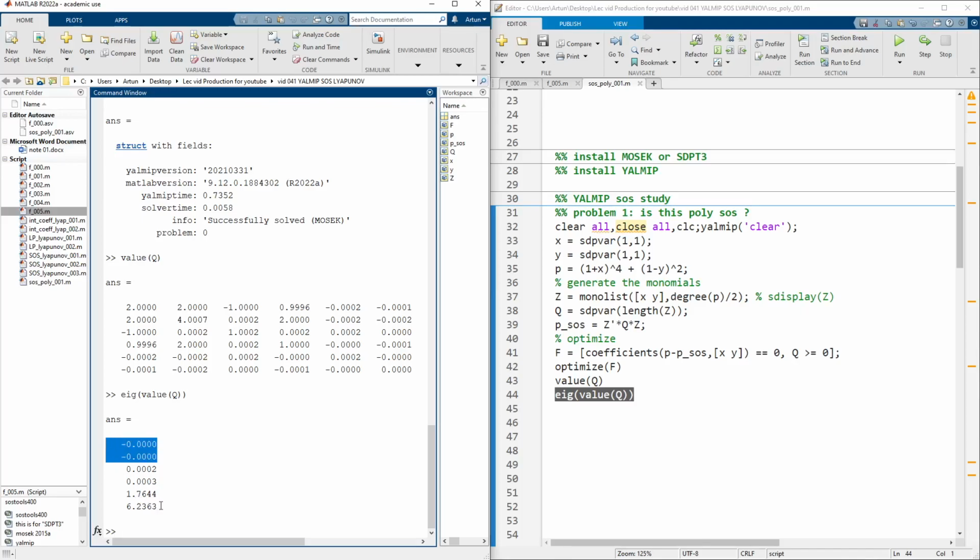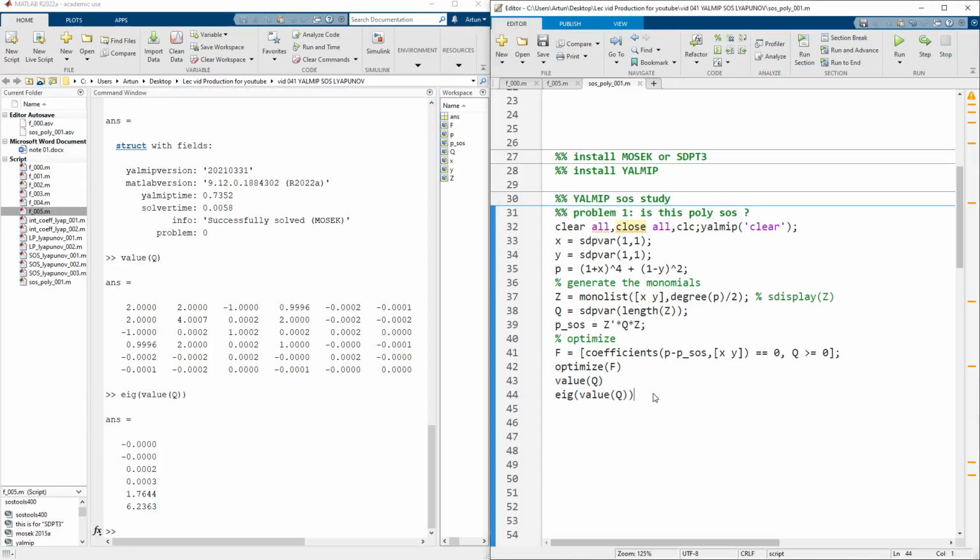All of the eigenvalues of Q are either positive or 0, meaning Q is positive semi-definite. Okay, all right, that was the first problem.